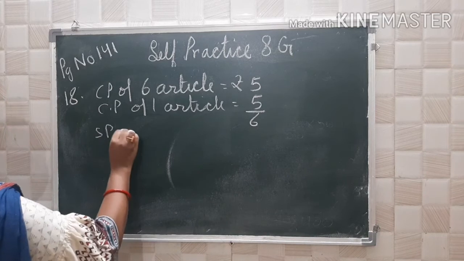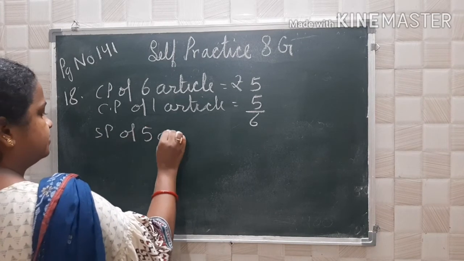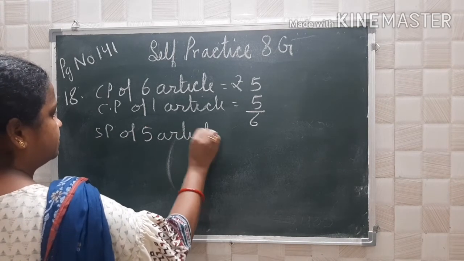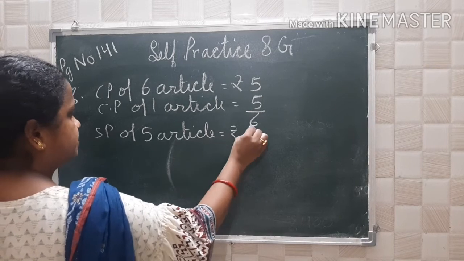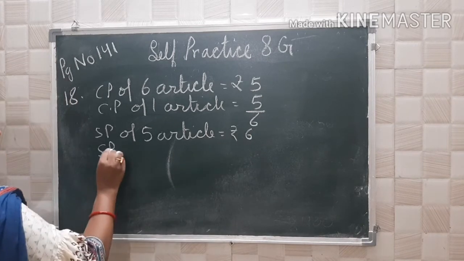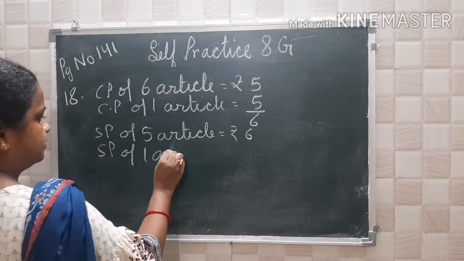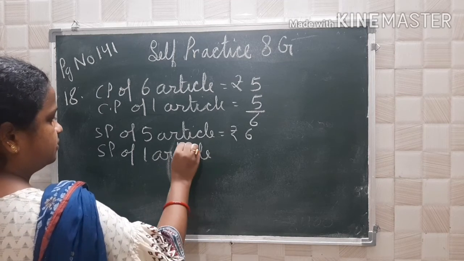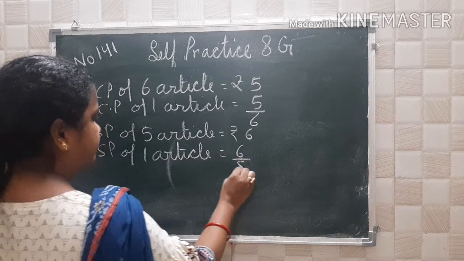SP of 5 articles is equal to rupees 6, SP of one article is equal to 6 by 5.